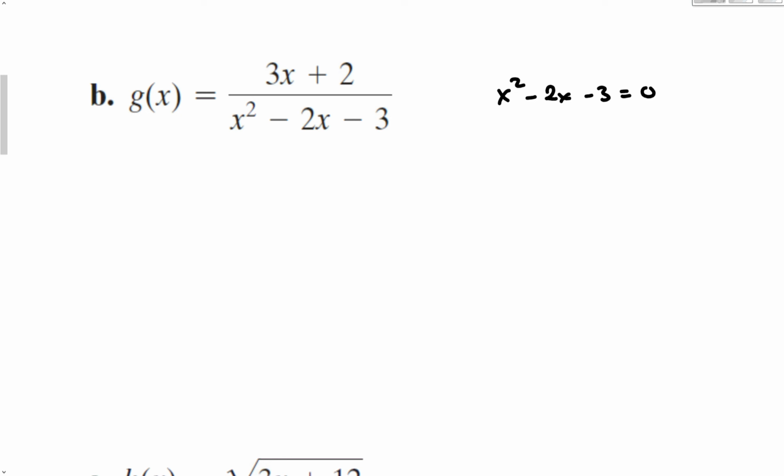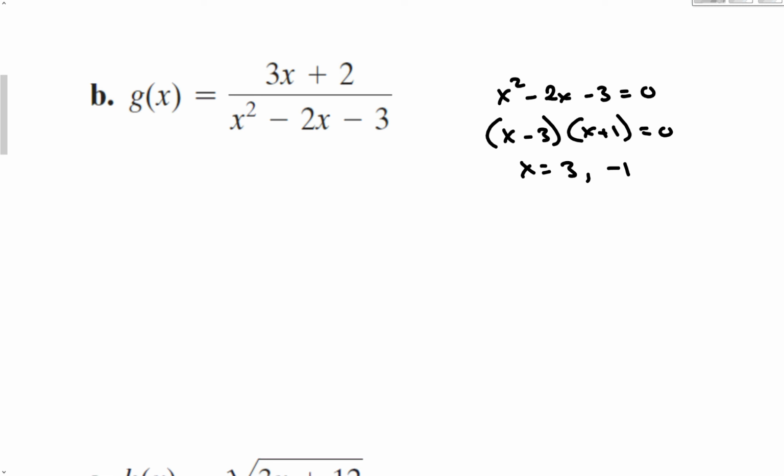If it's a quadratic, we can factor it using basic factoring techniques. The factors of 3 that subtract to 2. This would factor into x minus 3, x plus 1, which means that x would be equal to 3 and negative 1.